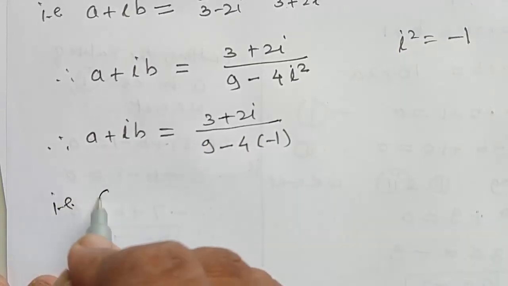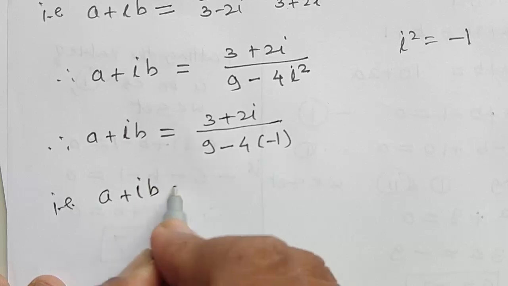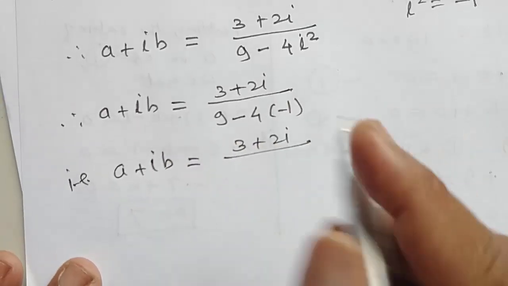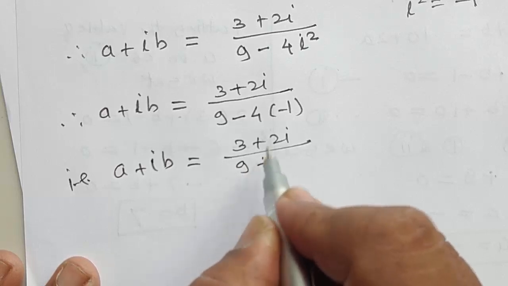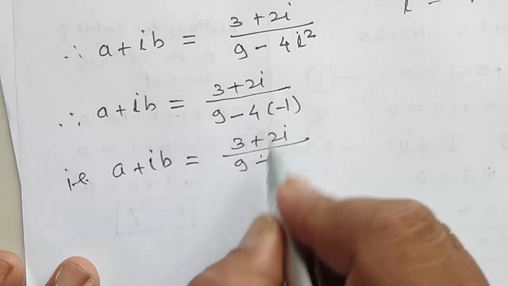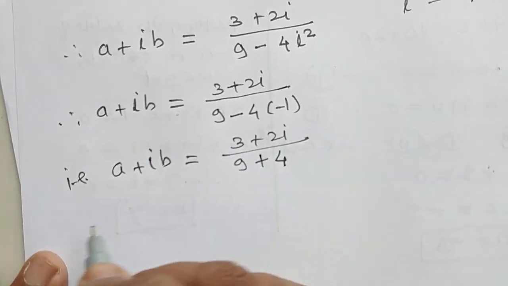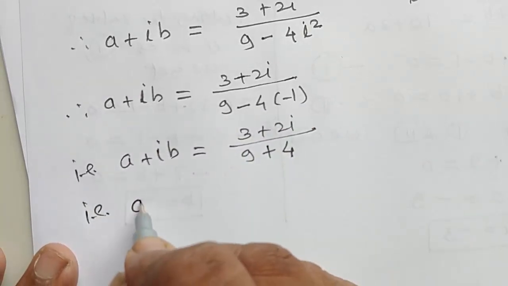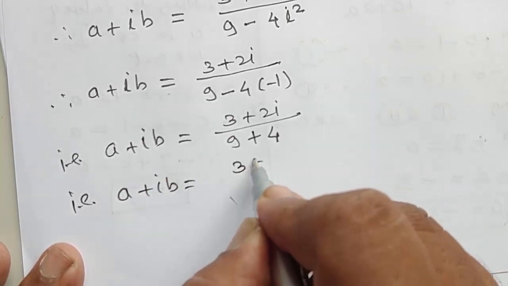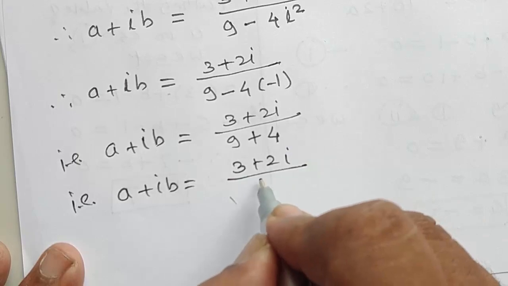that is, a plus ib is equal to 3 plus 2i upon 9 minus minus, multiplication becomes plus, so it is 4. That is, a plus ib is equal to 3 plus 2i upon 11.